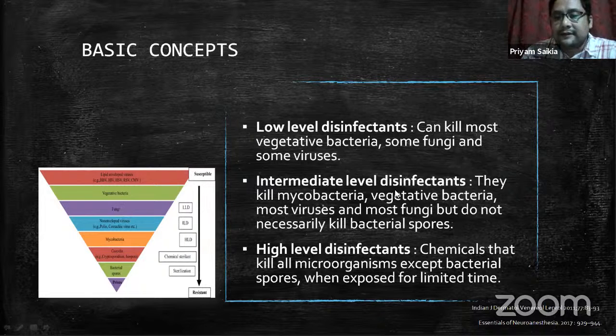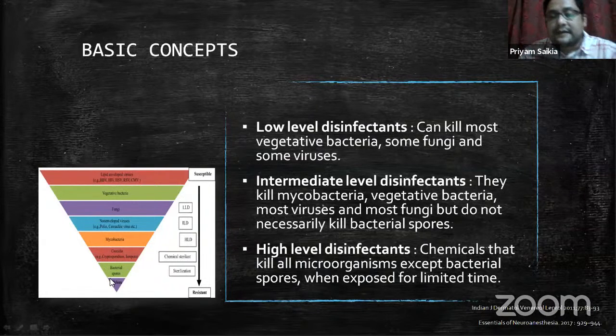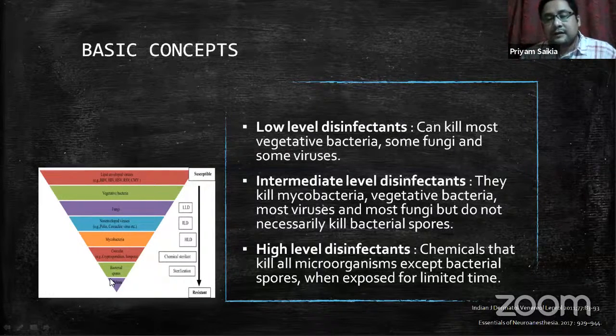The intermediate level disinfectants destroy all this along with most of the fungi and most of the non-enveloped viruses along with the mycobacteria. The high level disinfectants destroy almost all of those microorganisms except bacterial spores. There are some high level disinfectants which, when given enough contact period, can even destroy bacterial spores, and then they are known as chemical sterilants.